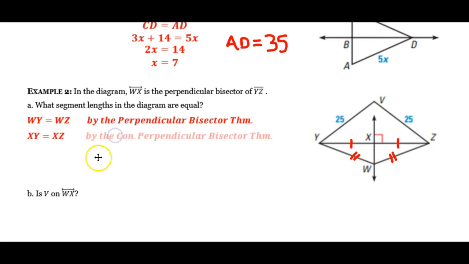XY and XZ are congruent by the converse of the perpendicular bisector theorem, because if it is on the perpendicular bisector, then it is the midpoint. And VY and VZ, well, I know they're congruent by the diagram.